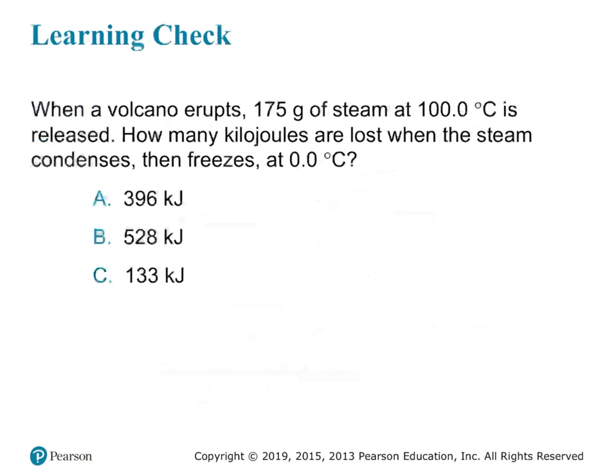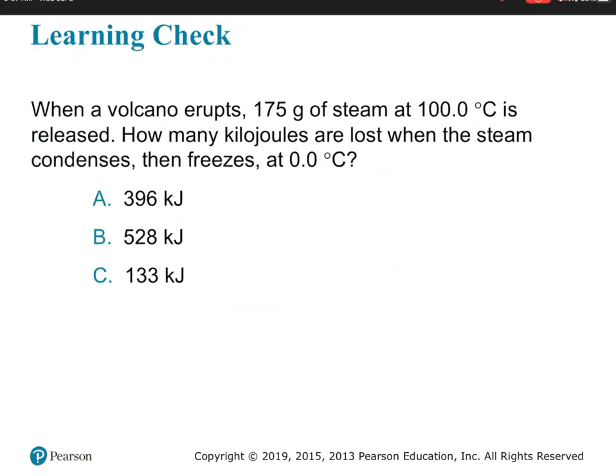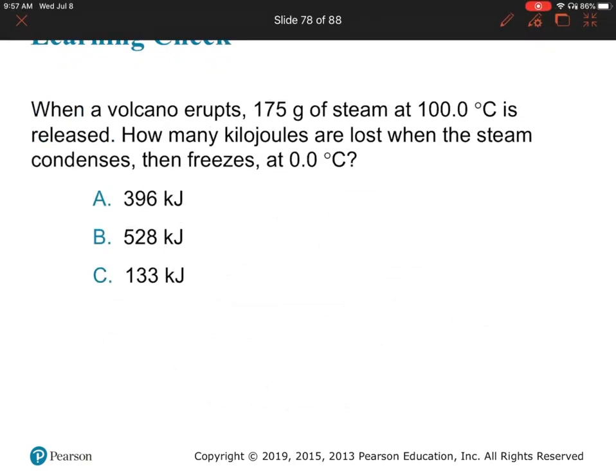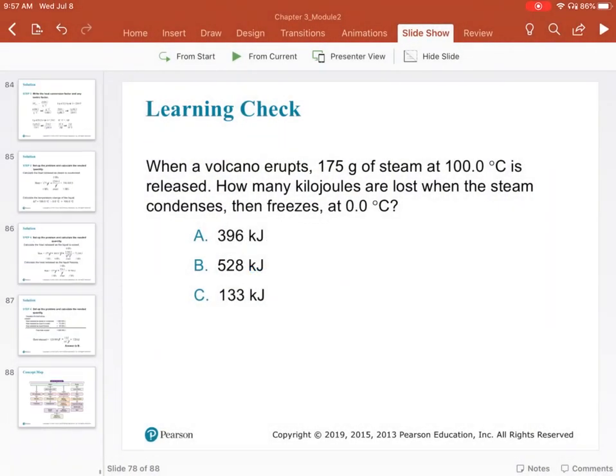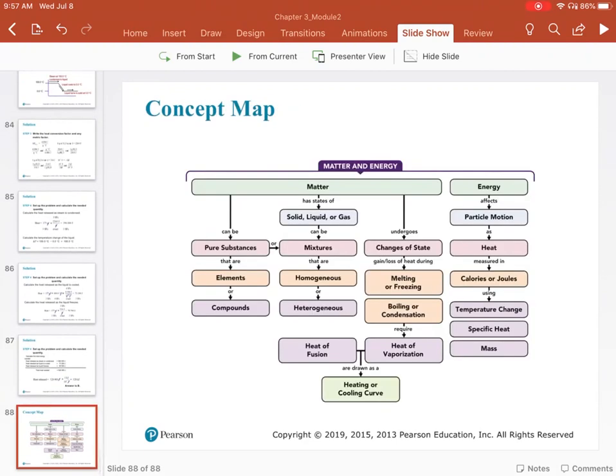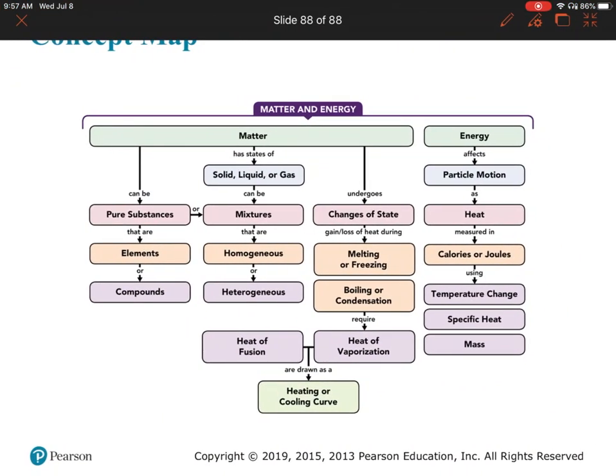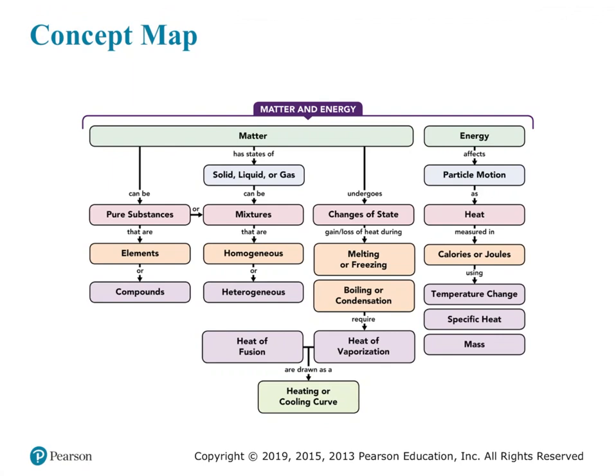All right, so I will see you in the next video. This is actually the end of our Chapter 3 section for Module 2. So we went over matter in previous lectures, and in this lecture we talked about heating curves and cooling curves.